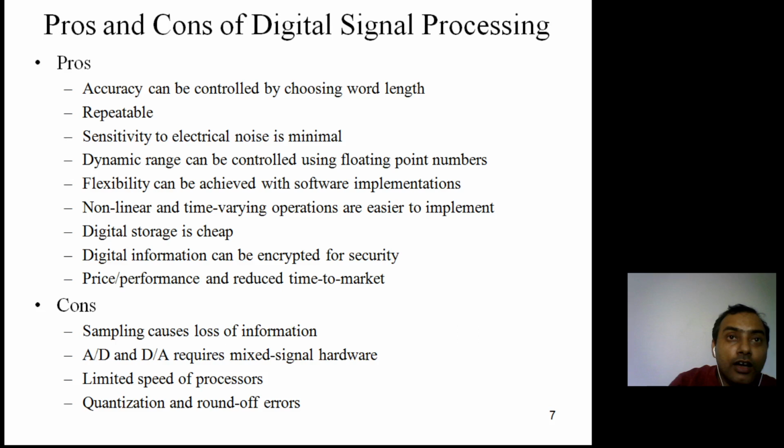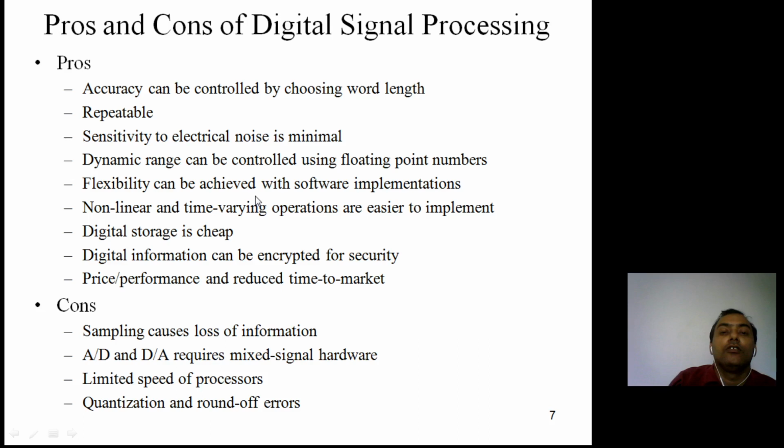Sensitivity to electrical noise is low in digital signal processing. Again, dynamic range can be controlled using floating point numbers. Flexibility can be achieved with software implementations. In digital signal processing, we can implement software, and more flexibility can be achieved.